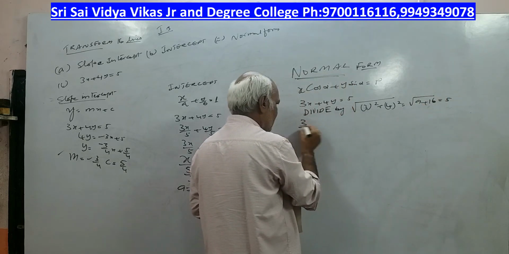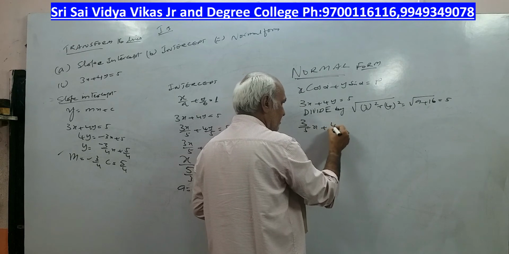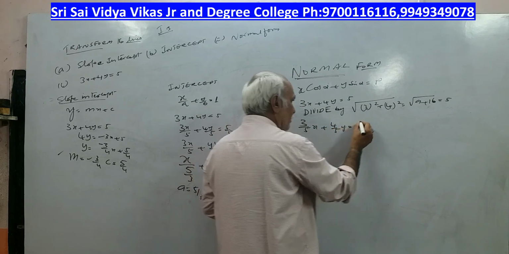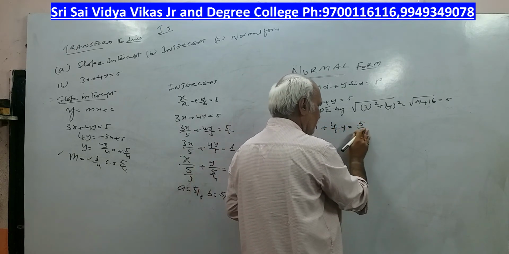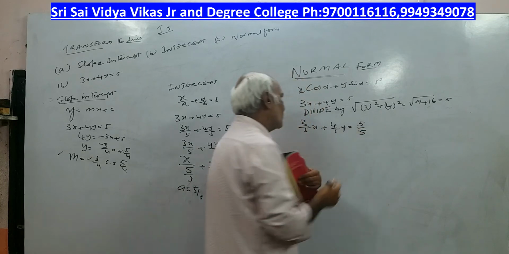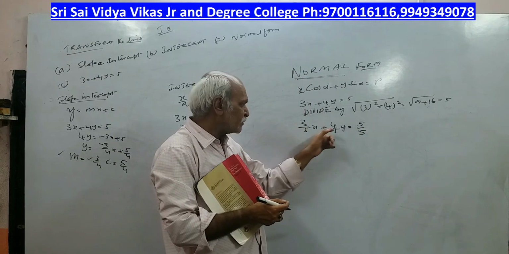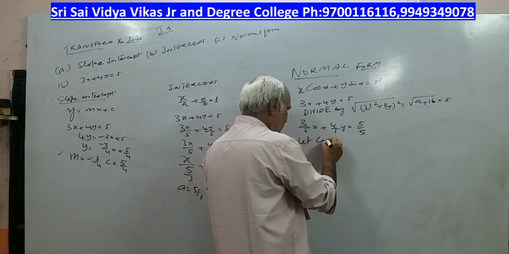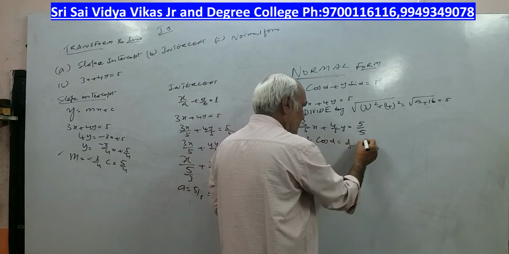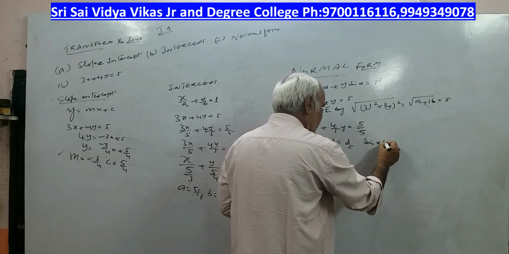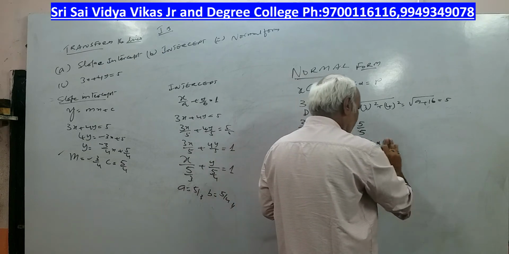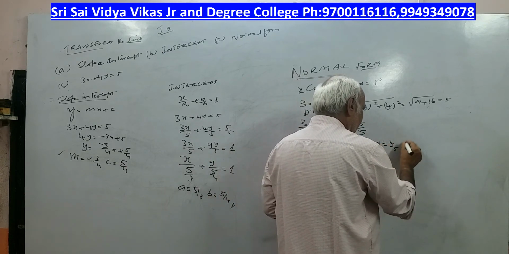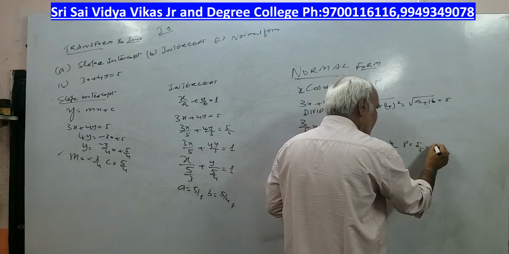Therefore, I am writing like this: I have divided by 5, 3 by 5 x plus 4 by 5 y is equal to 5 by 5. So, let cos alpha is equal to 3 by 5, sin alpha is equal to 4 by 5, and p is equal to 5 by 5, which is 1.